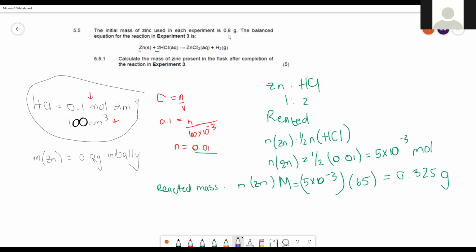And they tell us that we initially, though, had the 0.8. So what are we left with? So mass final is going to be your initial minus reacted.